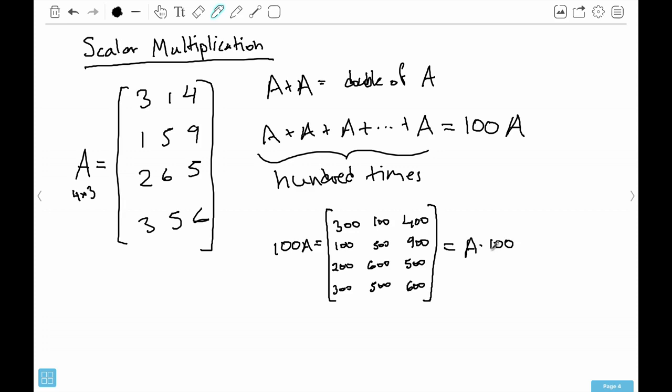But that's why it's called scalar multiplication and not something like number multiplication. Now, notice that there's not really any restrictions on this. This number can be really anything, as long as it's a single number and not a matrix. And if you're wondering, yes, there is something called matrix multiplication, where we take two matrices and multiply them together to get a new matrix. That's way more complicated than this simple scalar multiplication, but it's definitely something that exists.